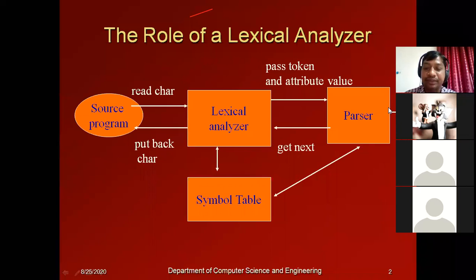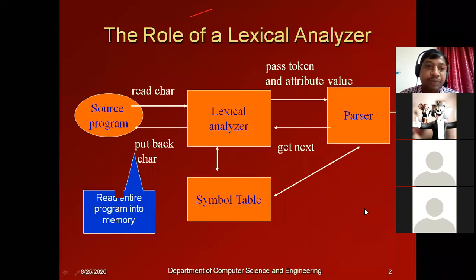Okay, right. So in this particular lecture, we are going to see how to specify lexical analysis and how to implement it. As you can see here, the lexical analyzer will read the entire program into memory. After that, it will read character by character and try to identify the lexemes or tokens. We will see what a lexeme and a token are in later slides.